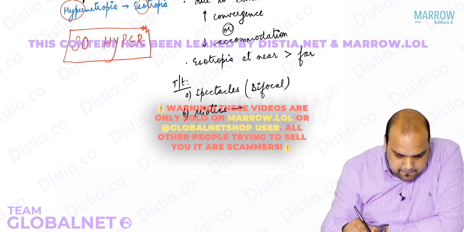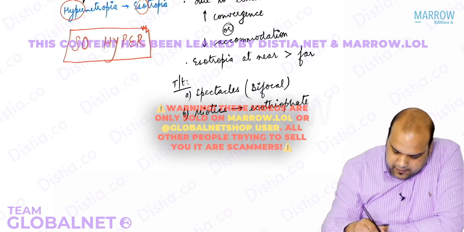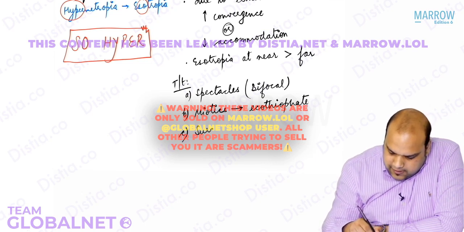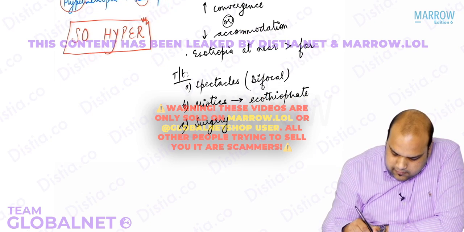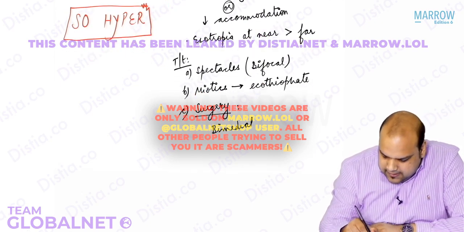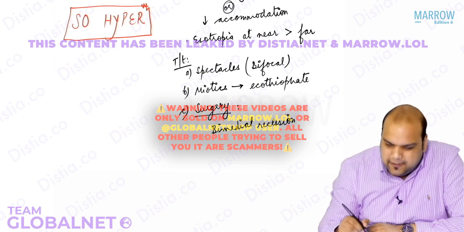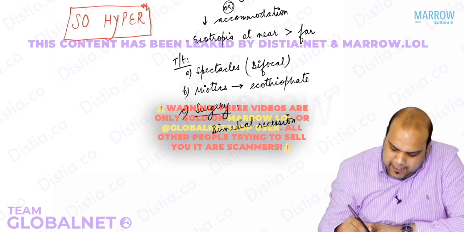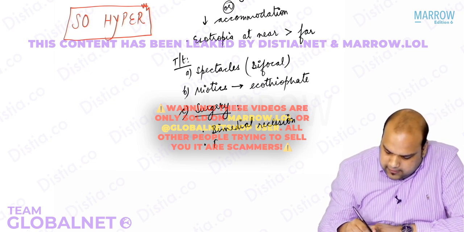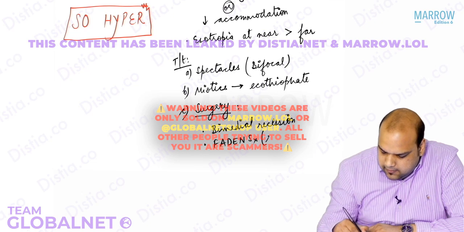Miotics like ecothiopate, or we can do surgery. Any of the two. I am just writing the name, guys. Nobody asked this condition in detail. That's why just being very superficial with it. Bimedial recession, or the other surgery is called as Faden surgery.